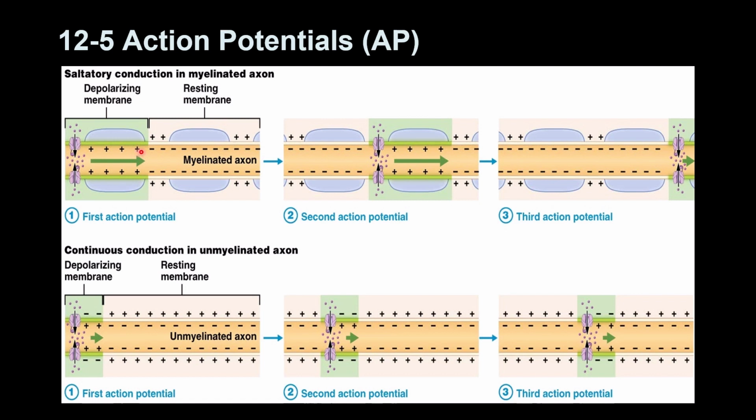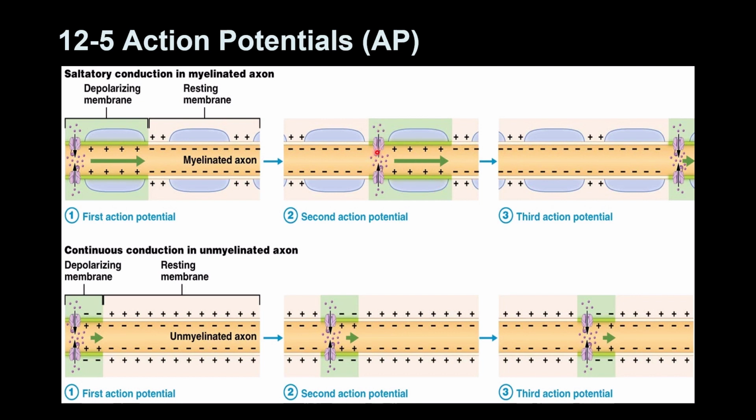Okay, so once it reaches this area, this is called internode. You have to have another channel here. So when it reaches this area, this is the voltage gated channel, and now that the inside of the cell is positive, it will activate this area.